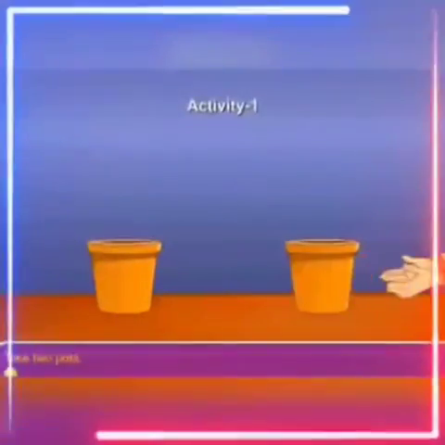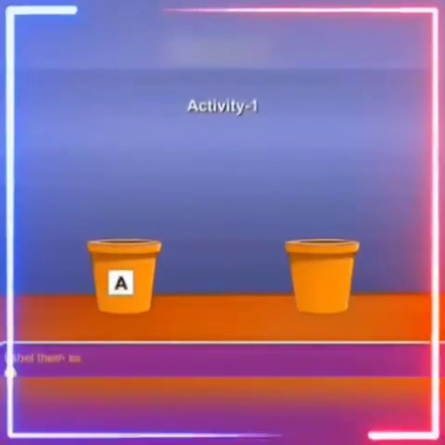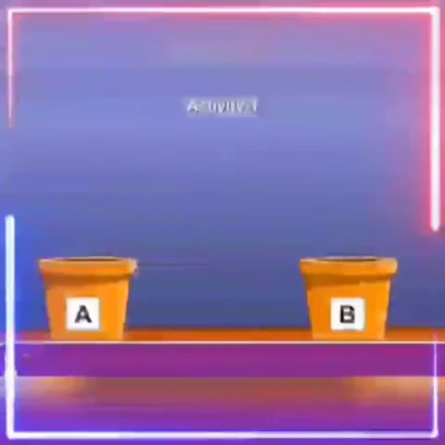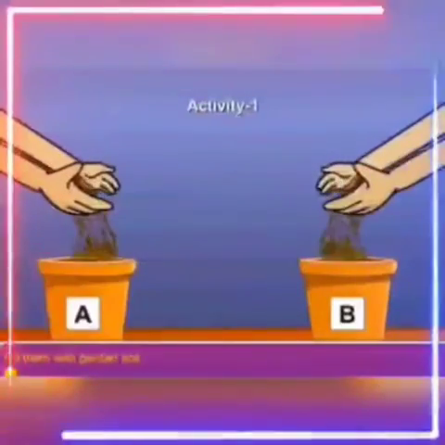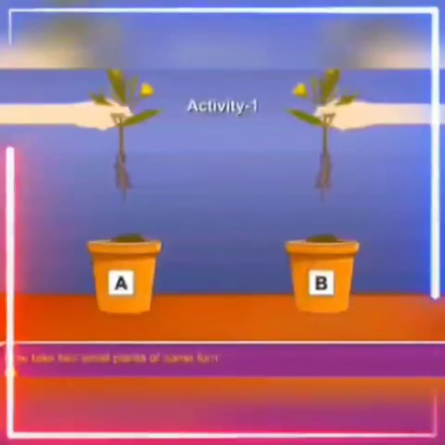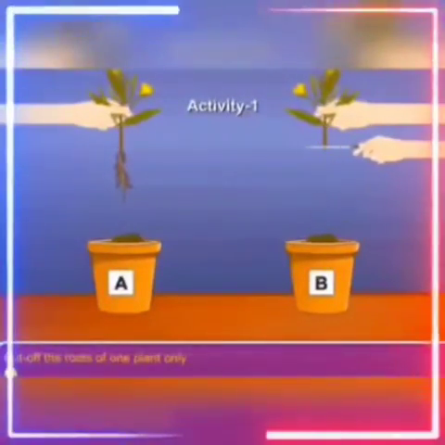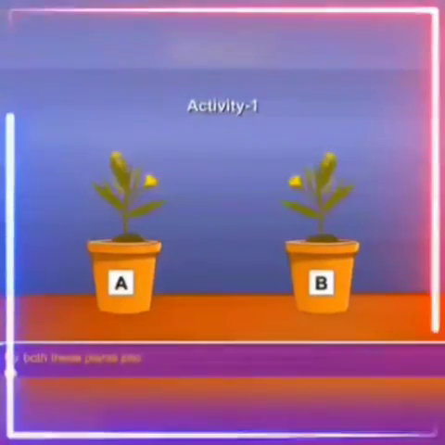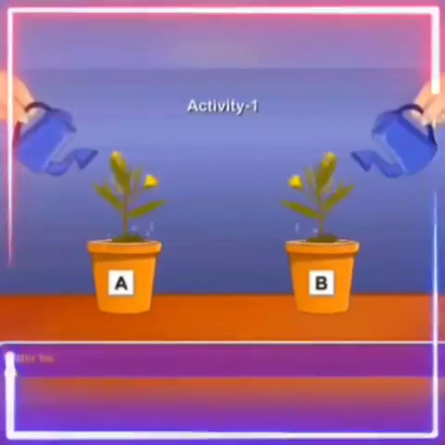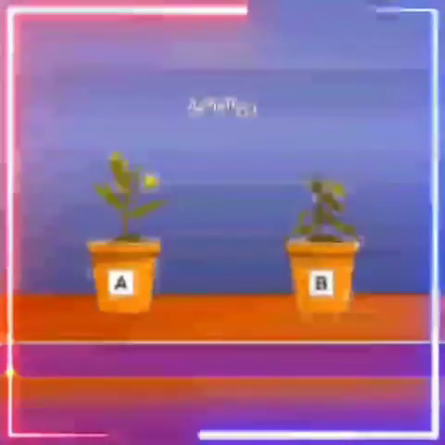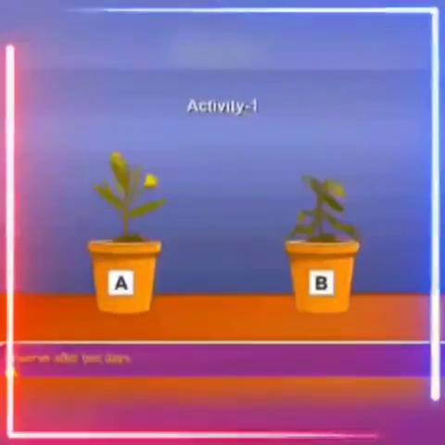Take two pots and label them as A and B. Fill them with garden soil. Now take two small plants of the same form and size. Cut off the roots of one plant only. Fix both these plants into the pots. Water both plants daily and observe after 2 days.